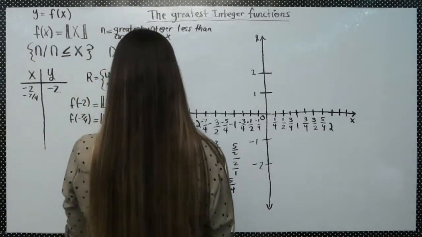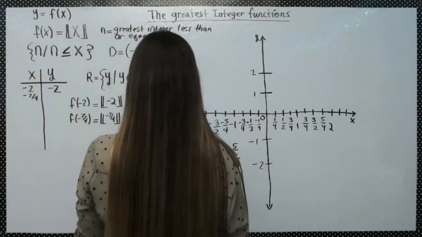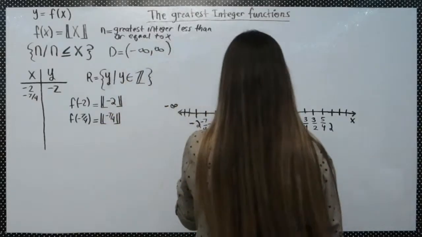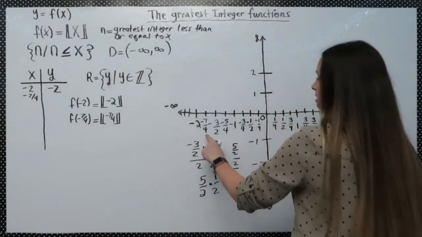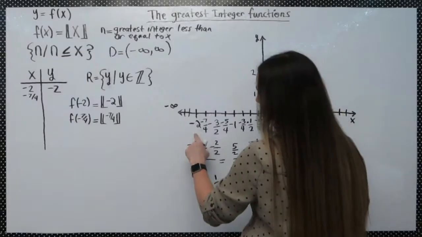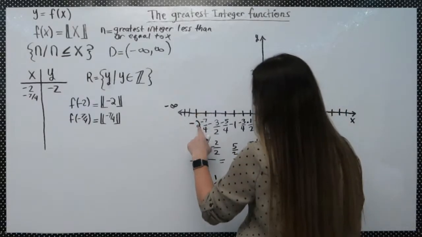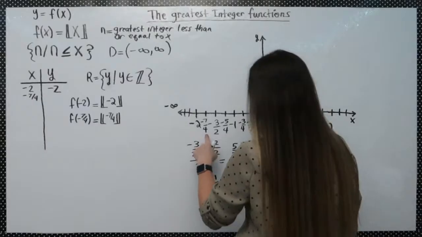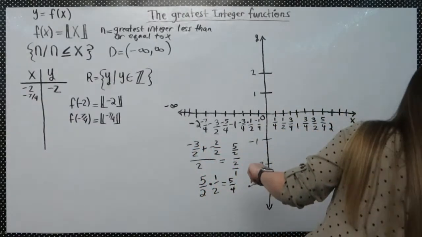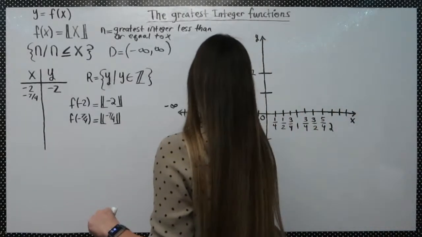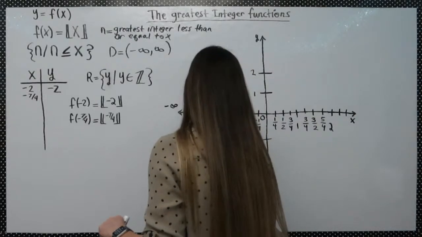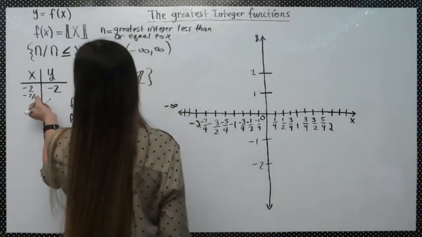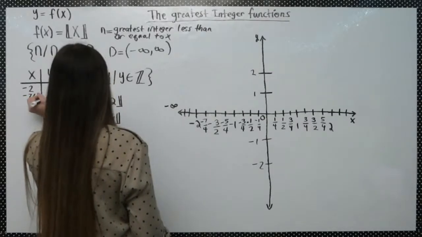So we're looking for the greatest integer that is less than or equal to -7/4. So, and I gotta erase this because I'm going to generate my graph, but so that is going to be -2.